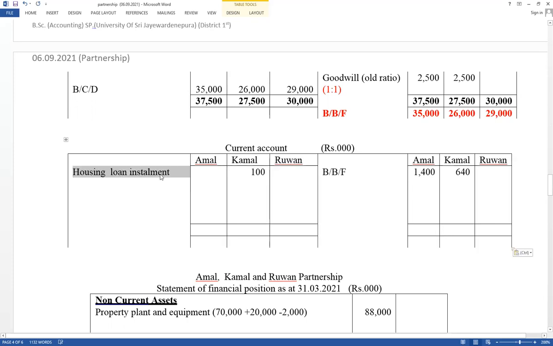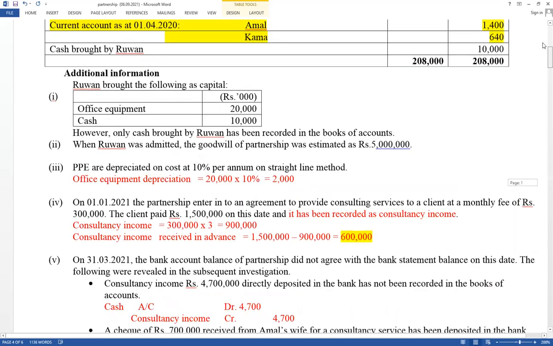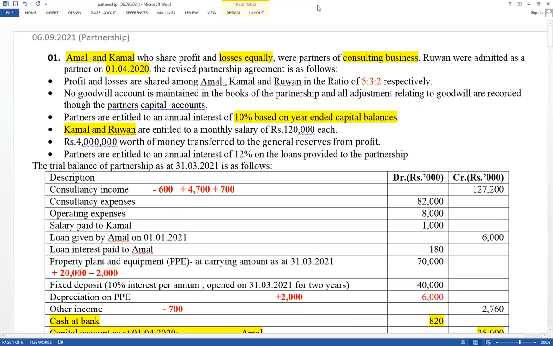Additional information we have discussed. Now think about agreements. It has given agreement from the beginning. It is relevant for the profit appropriation part also. Profit and loss are shared among Amal, Kamal and Ruwan in the ratio 5:3:2.